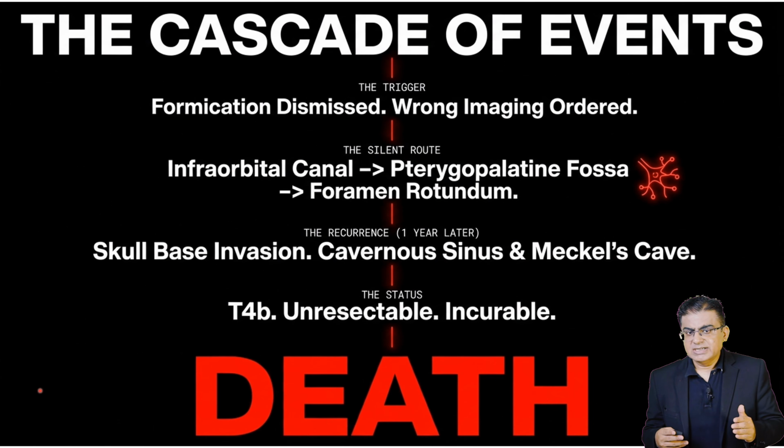1 year later, the patient comes back to your clinic. This time he has come with headache and cranial nerve deficits. He is now found to have a massive skull base recurrence. The tumor has breached the cavernous sinus and Meckel's cave. At this point, your surgical options are absolute zero.